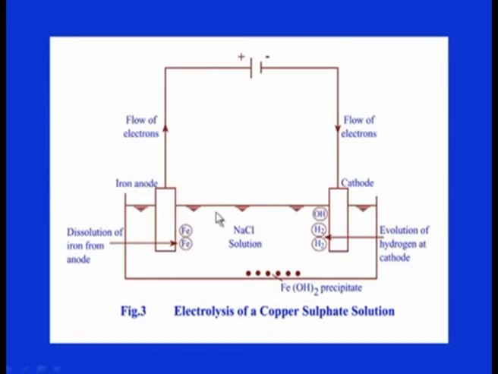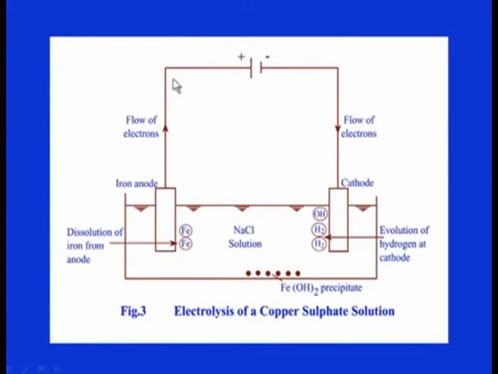as this is shown in this figure schematically, in which here is an electrochemical cell in which iron anode and cathodes are used, dipped partially in a common salt solution, that is sodium chloride solution, which acts as the electrolyte in this case. And here this cell is connected to one energy source and iron is connected to the positive terminal.